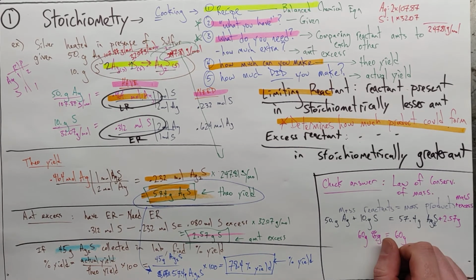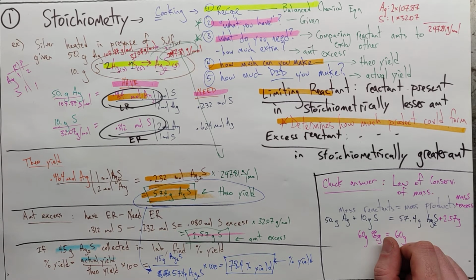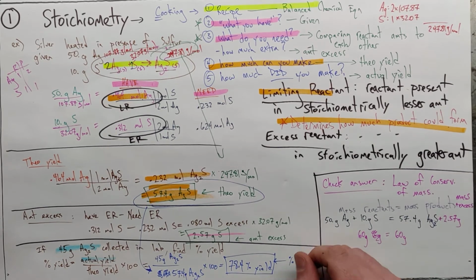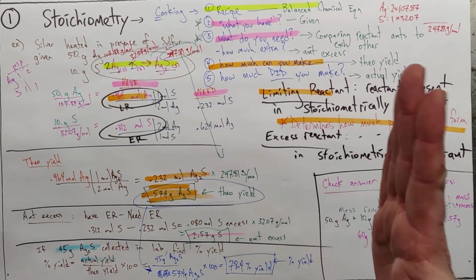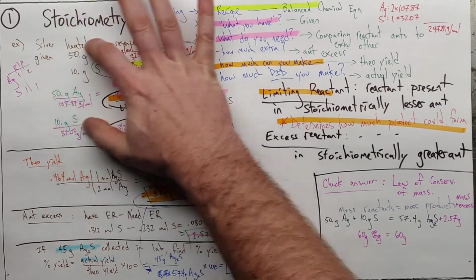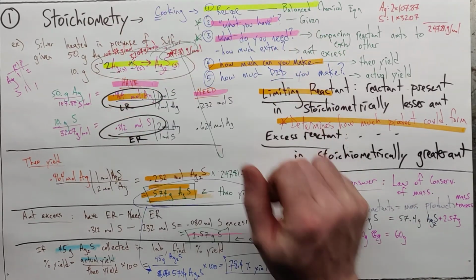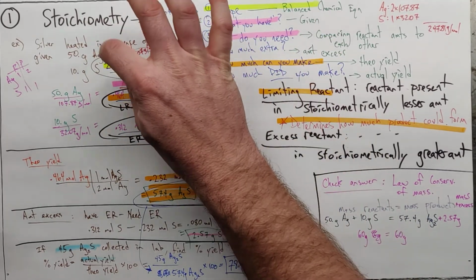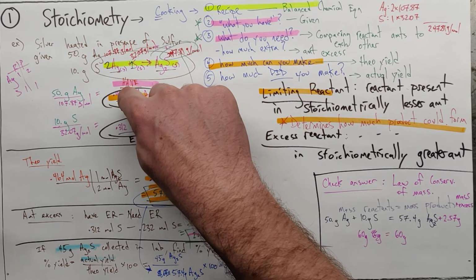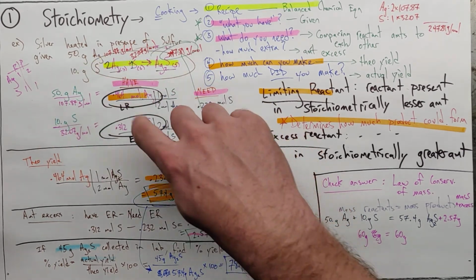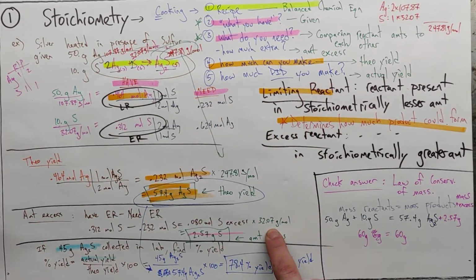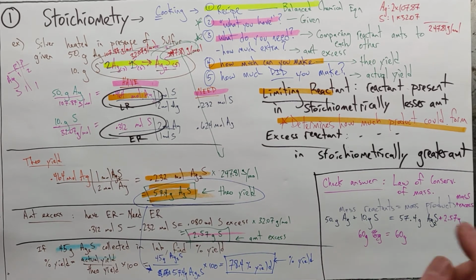And like I said, I've got like 18 examples I want to knock out of increasing complexity or different wording or whatever. And they're all the same. That's the key idea. Every single problem: take what you have, get moles, figure out which one's limiting and excess by comparing reactants to each other. Then use your limiting reactant to find out about your products. Use your excess reactant to get an amount excess, if you need to get a percent yield there, and check it, right?